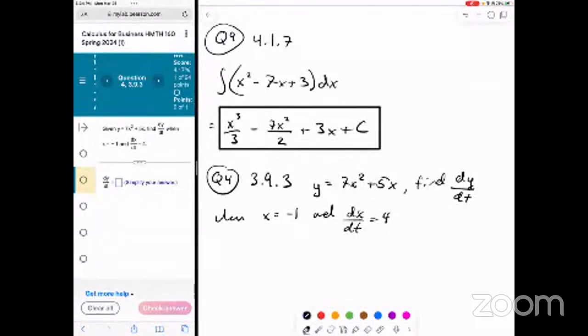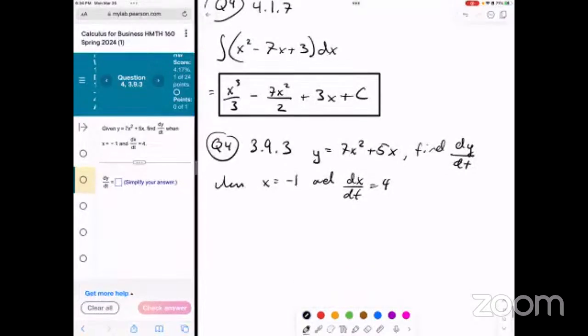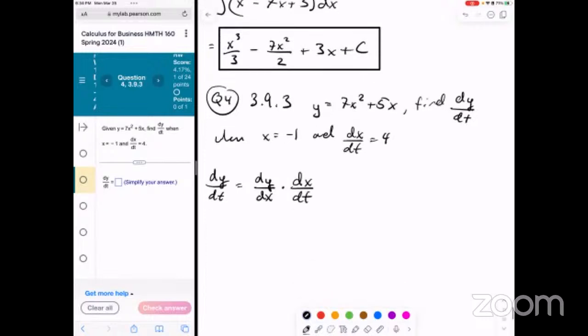So if we want the derivative of y with respect to t, and they gave us y in terms of x, what we can do is find the derivative of y with respect to x, and then multiply by the derivative of x with respect to t. So let's find dy by dx. Essentially just take the derivative on the right-hand side. That's going to be 14x plus 5.